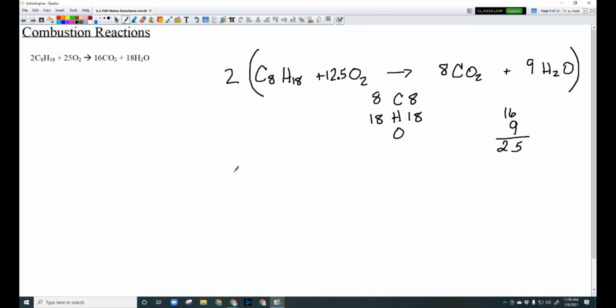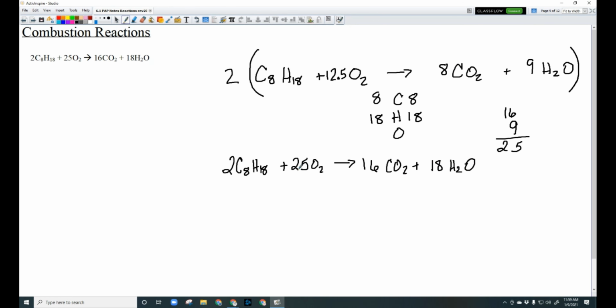When we do that, we get 2C8H18 plus 2 times 12 and a half is 25 oxygens, and that's going to yield 2 times 8 is 16 carbon dioxides plus 2 times 9 is 18 H2Os.